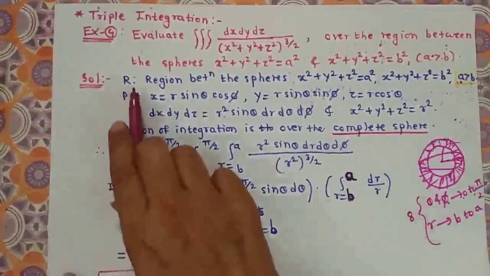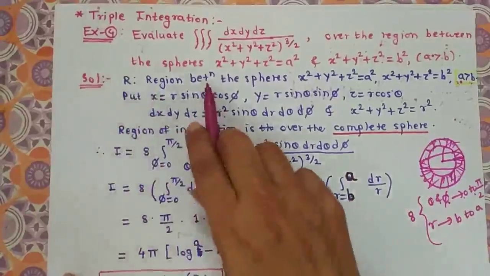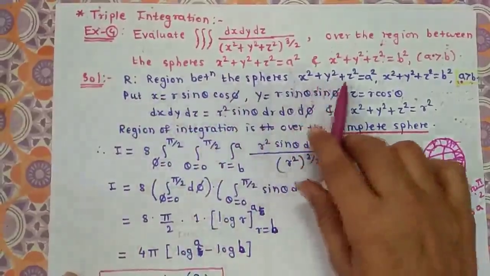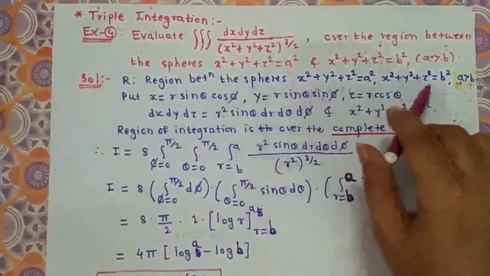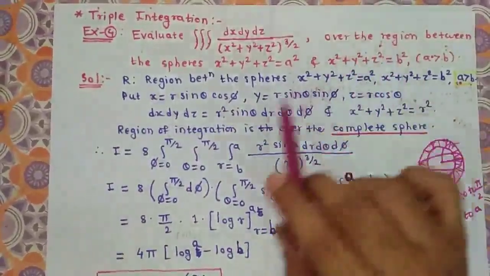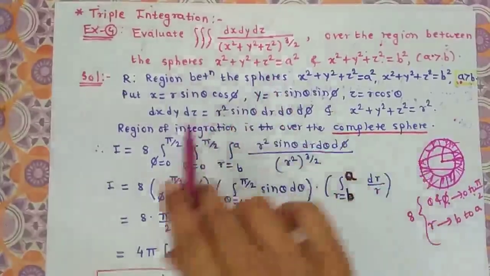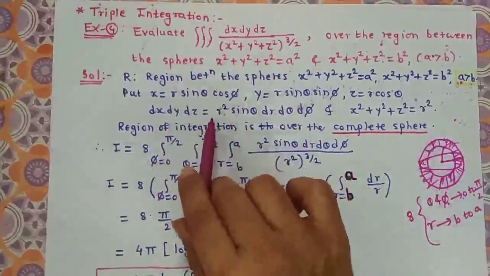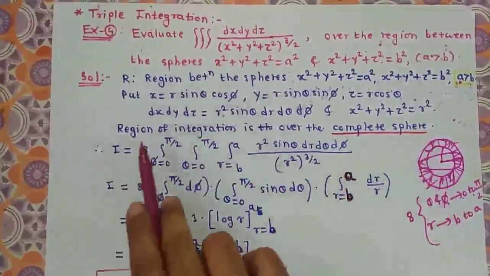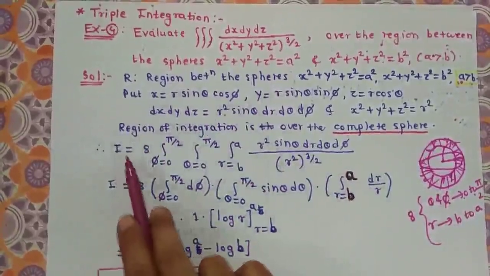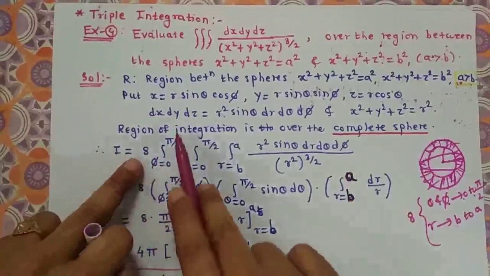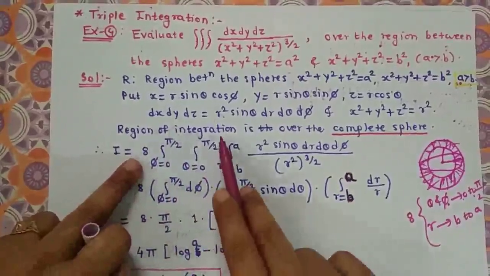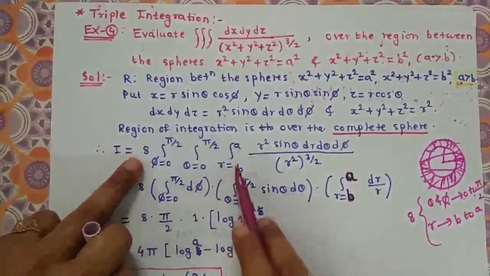Now let us start the solution. So here the region of integration is between the spheres. Here we have been given two concentric spheres of radius a and b respectively. a is greater than b. Okay, so we use spherical polar substitution, and hence the integration I takes the form 8 times the integration, where phi varies from 0 to pi by 2, theta varies from 0 to pi by 2, and r varies from b to a.